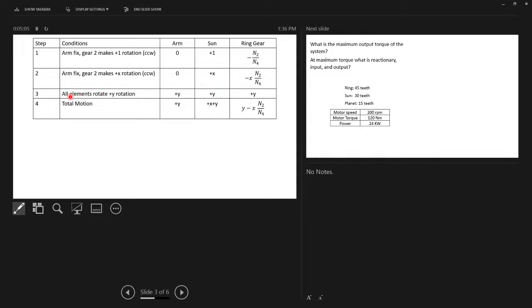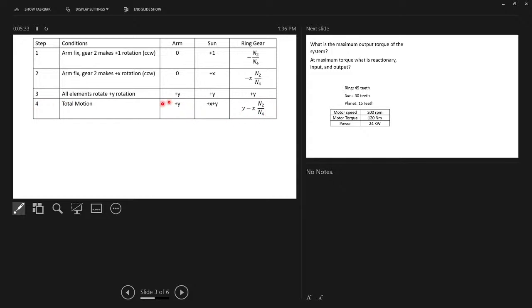So all elements are in rotation, with y also in rotation about y, and then we look at the total motion. So these are the carrier, the sun, and the ring all operating in concert with one another. We've got a series of equations, and what we're really worried about are these final equations at the end, on number 4.